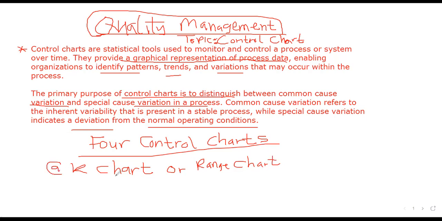Then we have the other one, which is the C chart.